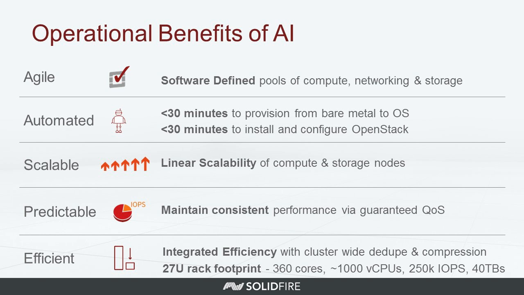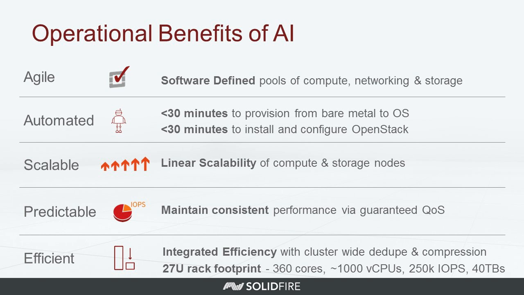So with the 17 nodes that we used in our reference design, which we'll talk about here in a second, we went from 0 to bare metal OS provisioning in 30 minutes. And then we went from bare metal OS provisioning to OpenStack configured and Nova nodes registered and ready to deploy instances in another 30 minutes.